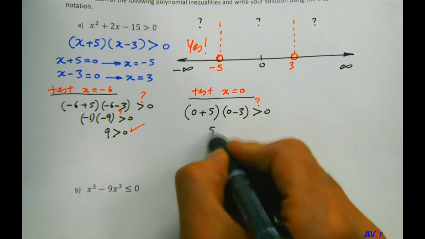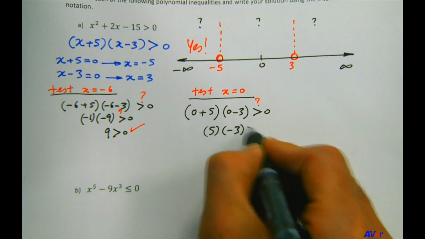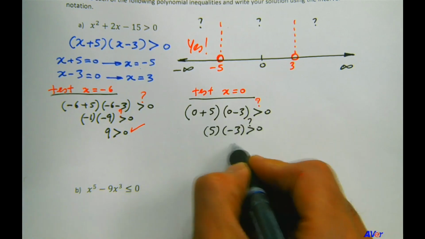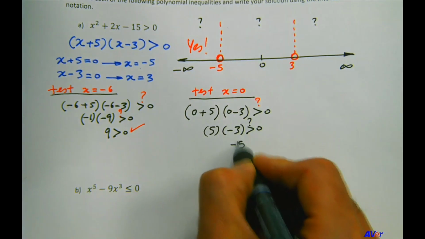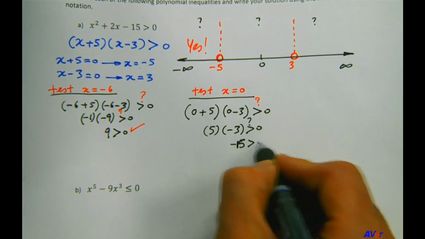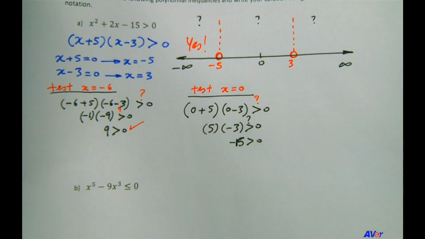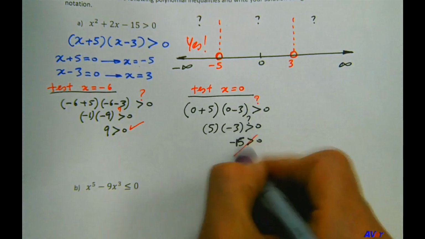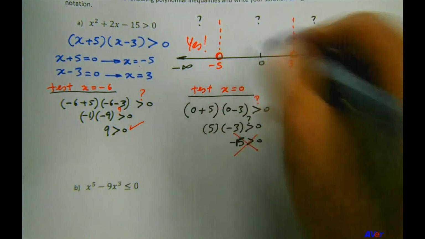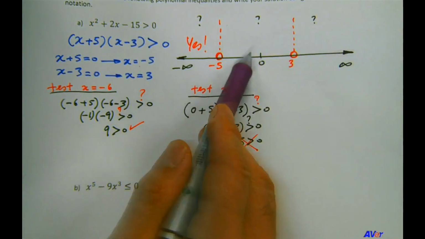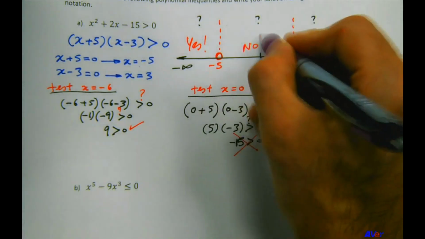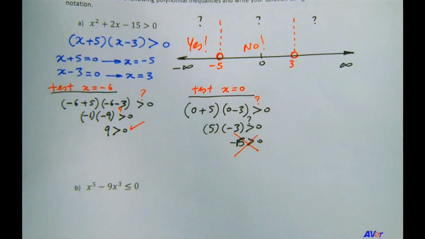So that is 5 times negative 3, negative 15, greater than 0. Is that statement true? Is negative 15 greater than 0? No. So it did not check out. We picked an easy test number here, and it did not check out. So that region between negative 5 and 3 is not a solution of this polynomial inequality.